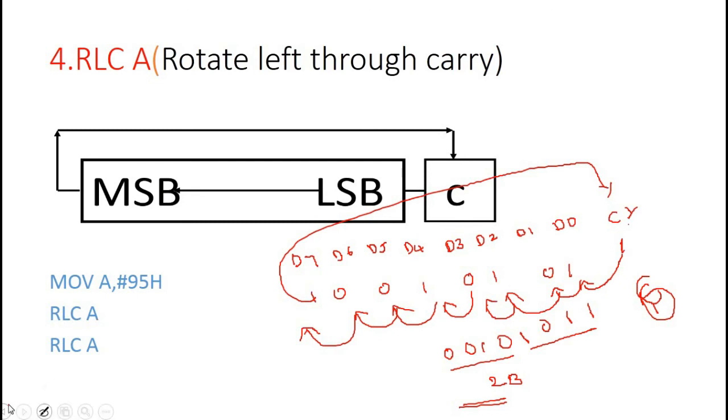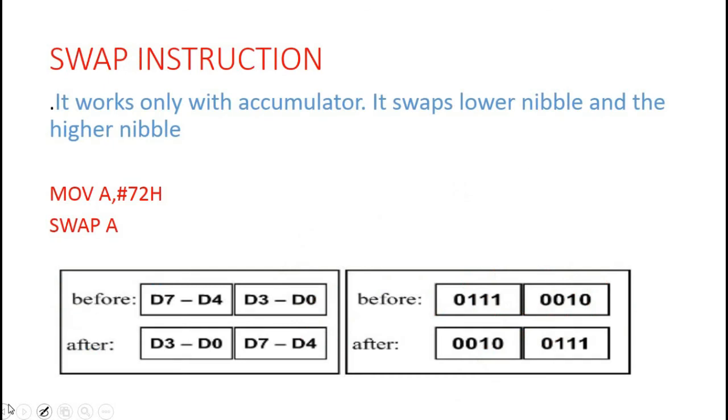Okay. And the last instruction under the logical instruction group is the swap instruction. Remember that it works only with the accumulator and it swaps the lower nibble and the higher nibble. And you all know that 4 bits we call a nibble.